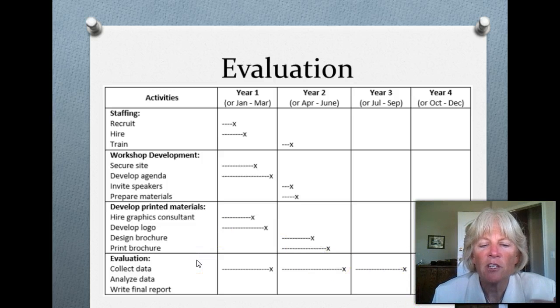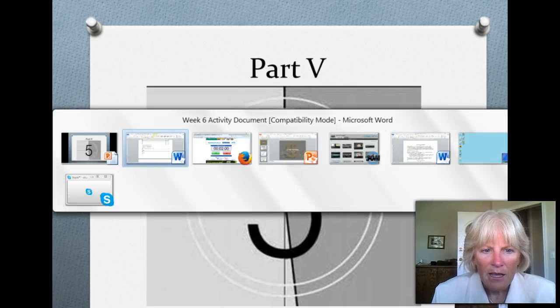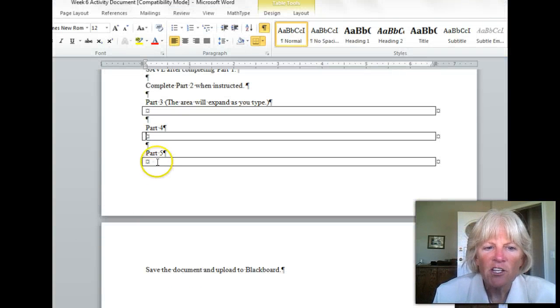So evaluation is not just something that happens at the very end of the project, but something that's happening throughout to be able to collect the data that are necessary to evaluate everything throughout the project. The last part of the activity is to come up with evaluation measures that would allow a person who's reading your proposal to know whether your objectives have been met.